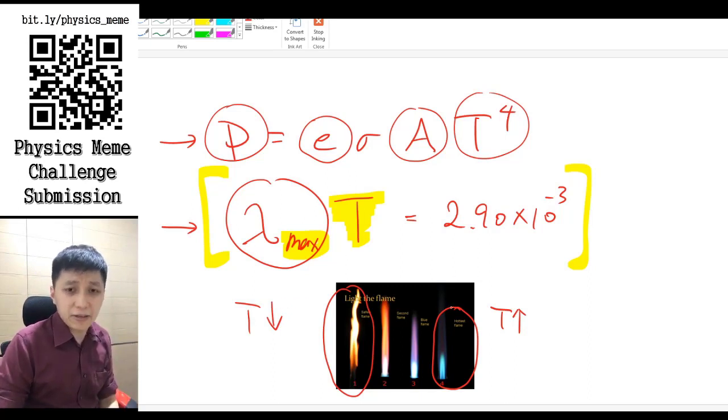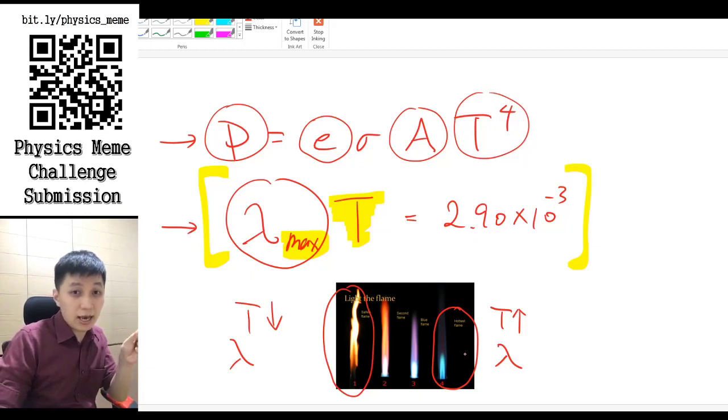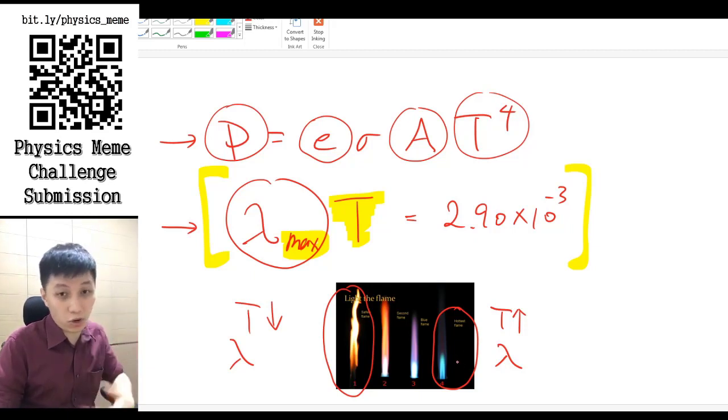And then the next thing is to think about the wavelength of these two colors, because the reason why you see it as blue or as orange or yellowish is because that particular color has the greatest intensity emitting to your eye.